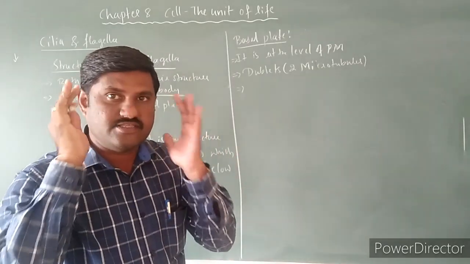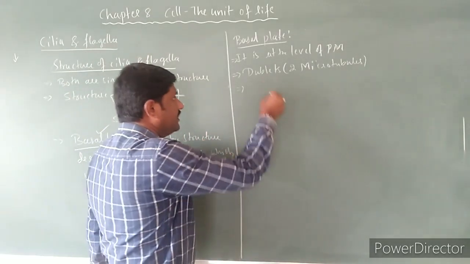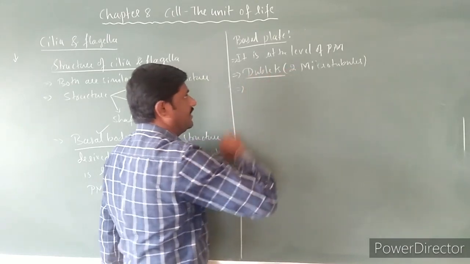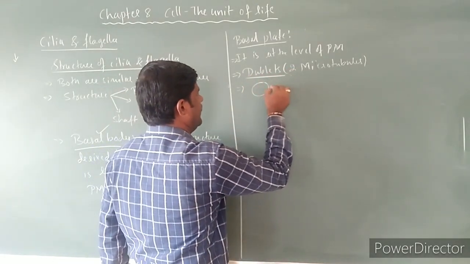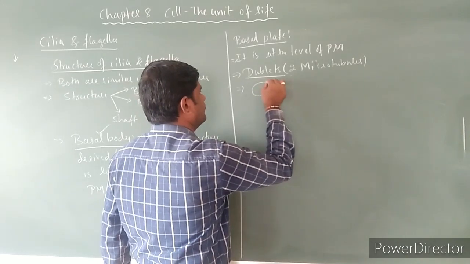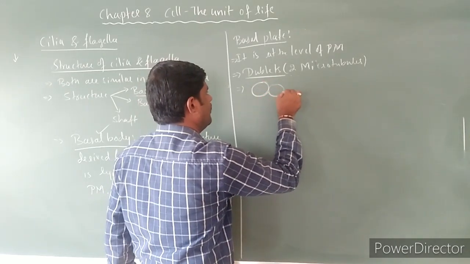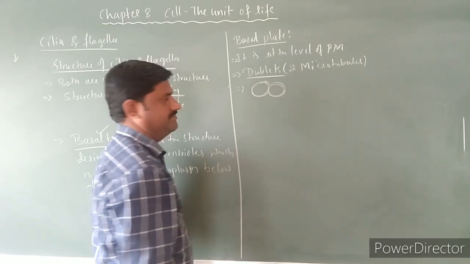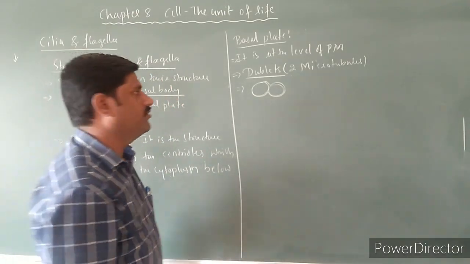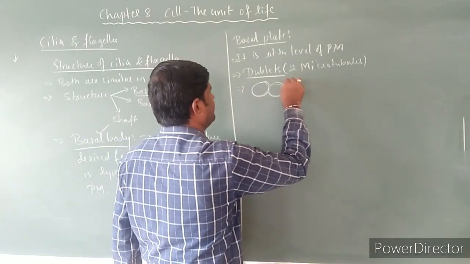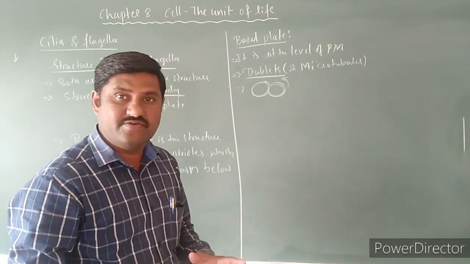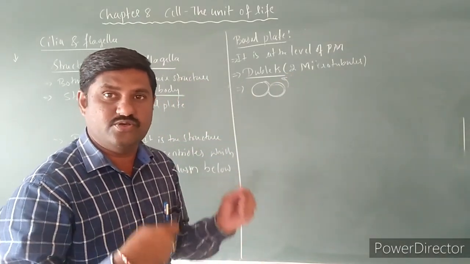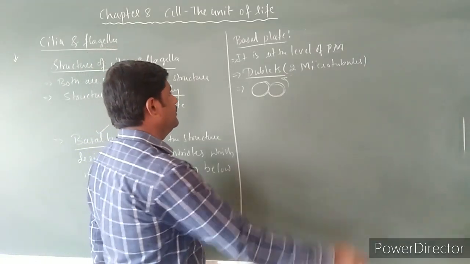Here, instead of triplets, you will find only doublets. So this is B and this is A, and these two together form the doublet. The third one, the C microtubule, disappears.